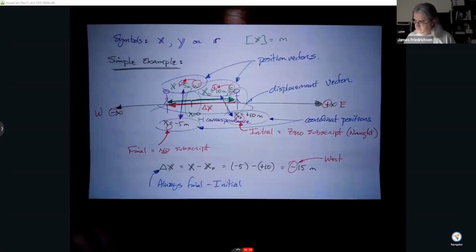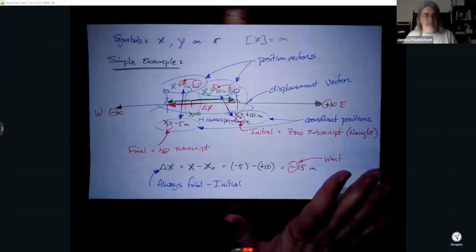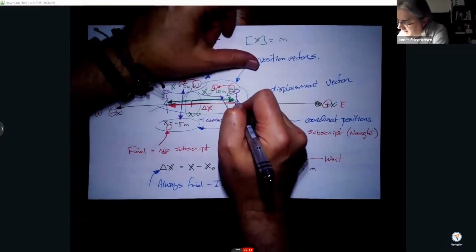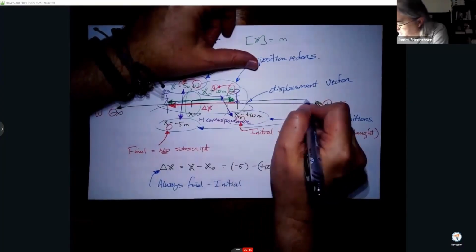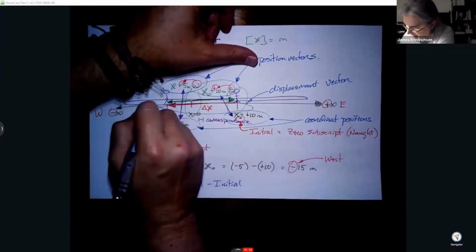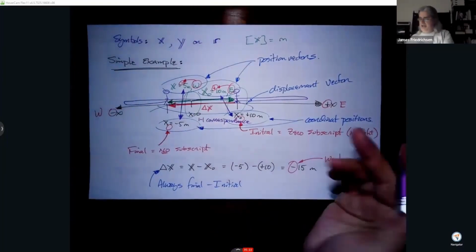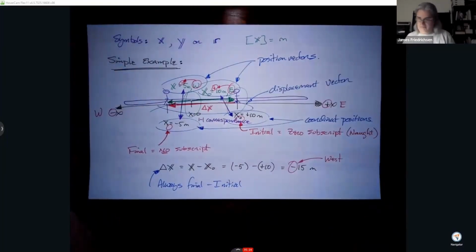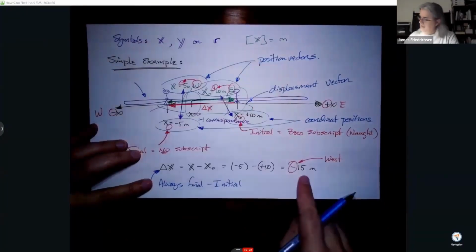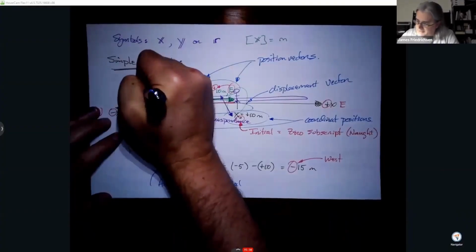And there we go. Now, notice that this may not actually be related to the distance that the person traveled, because our person could have started here at this initial point, headed this way, and then flipped around and headed back, or even headed further back and then flipped around again. That could be the actual path of motion, in which case the distance traveled is much, much longer than the 15 meters for the magnitude of the displacement.